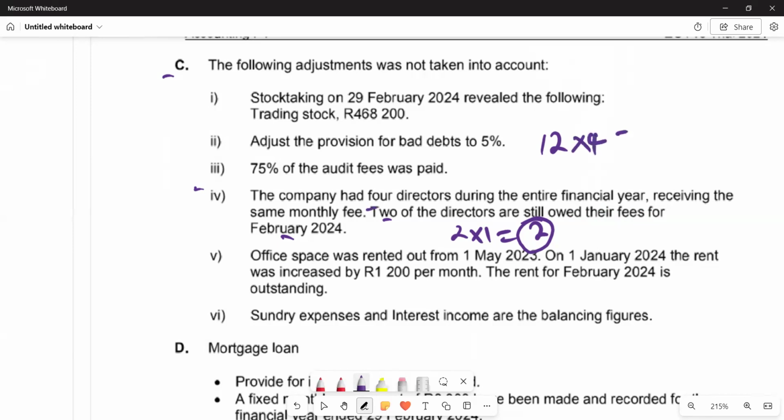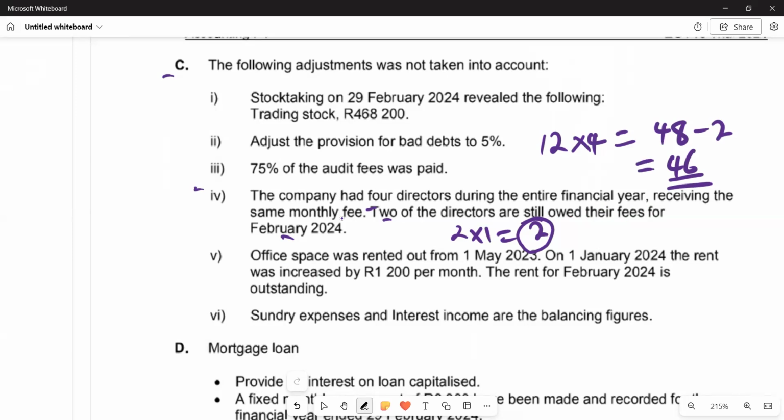Then you get the total that was supposed to be received, which is, sorry, 48. So 48 months was supposed to be for the 4 directors for 12 months, but we have 2 months that are not yet received for 2 directors. So we subtract 2, and we get 46. So the figure that we are given in the list of balances represents 46 months. But we want to provide for the 2 months that are not there.